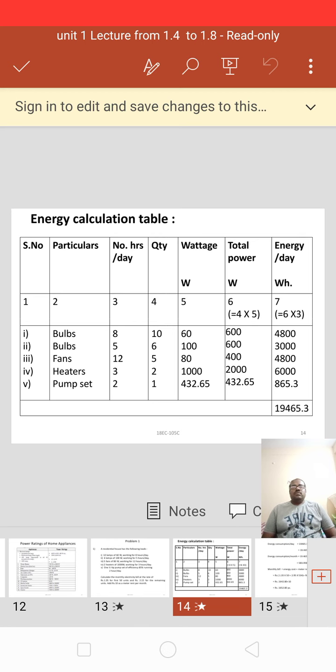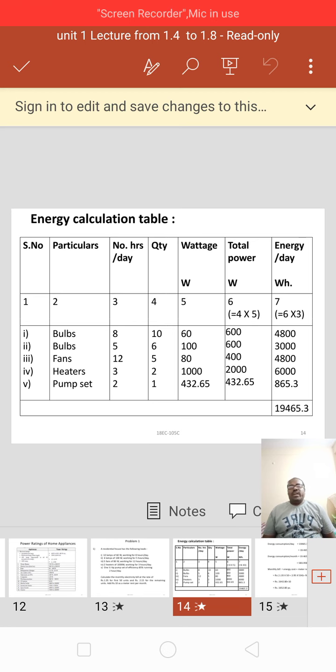We number the columns: serial number is 1, particulars 2, number of hours per day 3, quantity 4, wattage W 5, total power is 4 into 5, that is quantity into power, equal to 6, and energy consumed in a day in watt-hours is 7, the product of the 6th value and 3rd value.